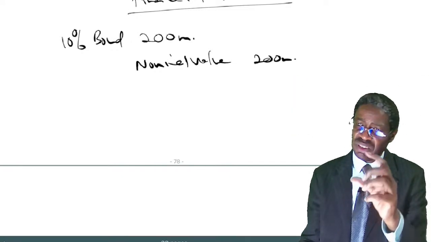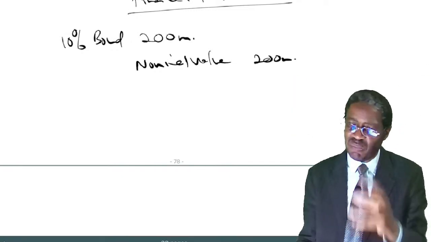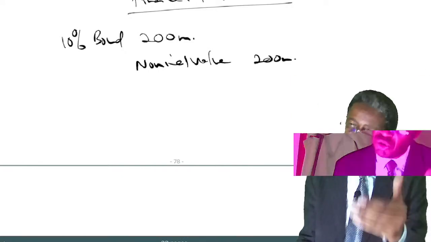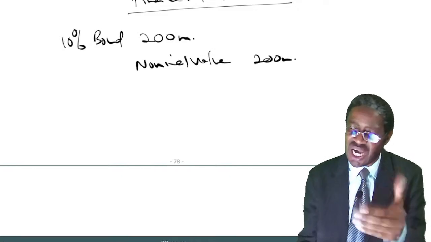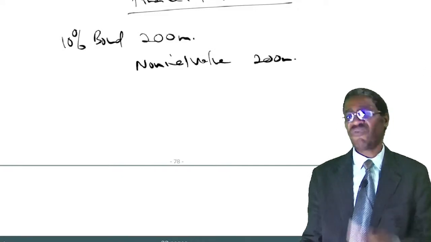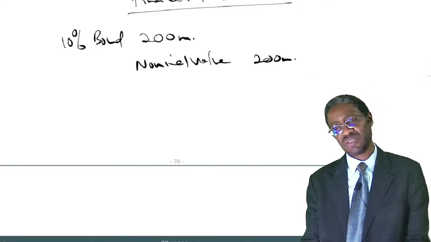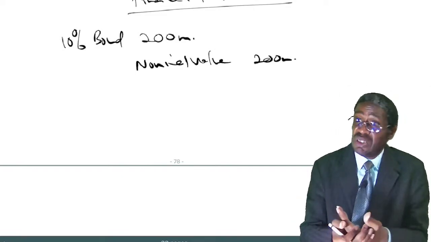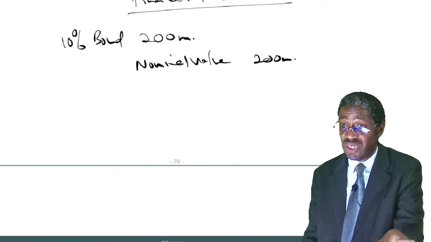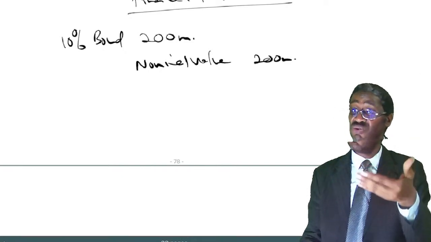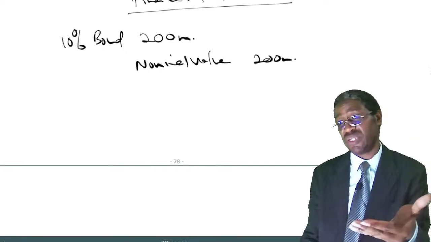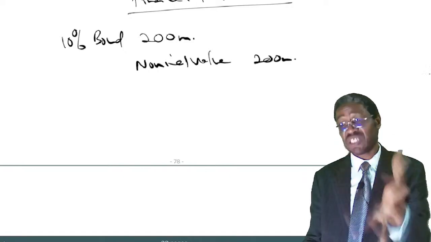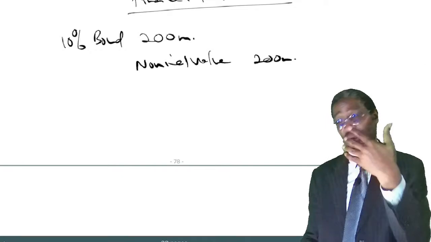Now, to raise this money, you decided as company A that you will issue this bond at a discount of, let's say, 5%. You told the investors, I'm issuing you a bond of 200 million, but I'm giving it to you at a discount. 5% of 200 million is about 10 million.